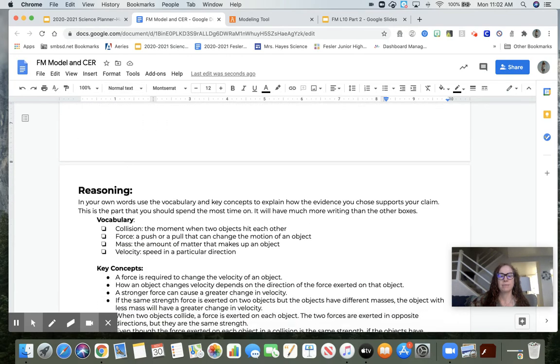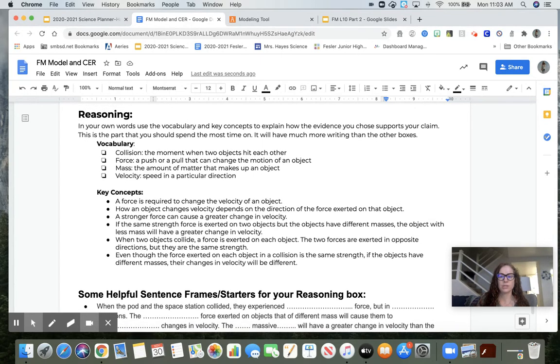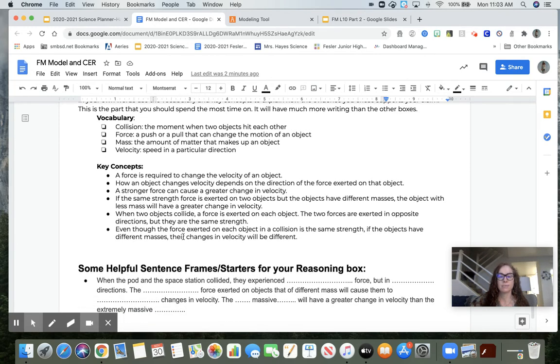For the reasoning boxes, here are some important concepts that we should have learned this unit, so some of this should appear in your answer. So here is our vocabulary: collision, force, mass, velocity. Here are our key concepts. These are important facts that we should have learned that should somehow be incorporated into your reasoning statement.